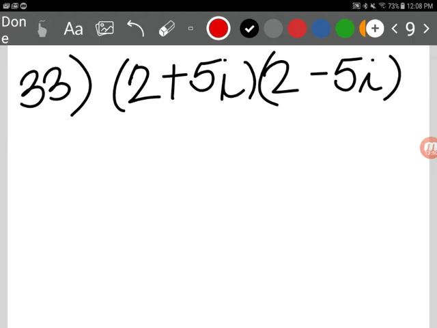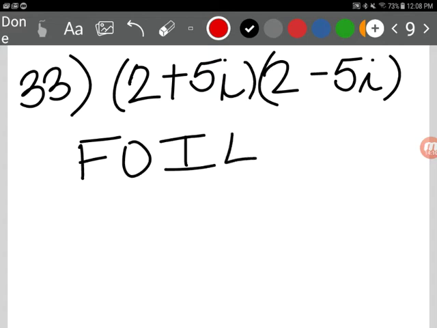Now, these are called conjugates. They are conjugates because everything in the binomials is the same except the signs in the middle. That's why they are called conjugates. Conjugates are great because if you think about the FOIL method, if I identify these as conjugates, the outside and inside terms are going to give me 0 every single time.